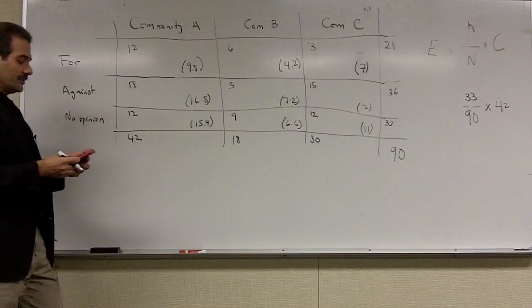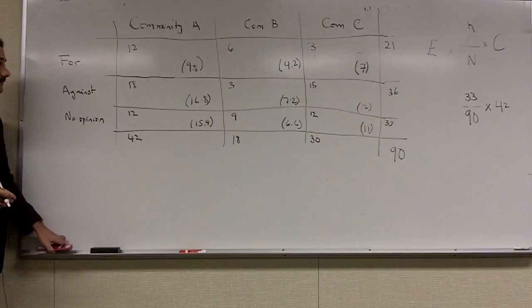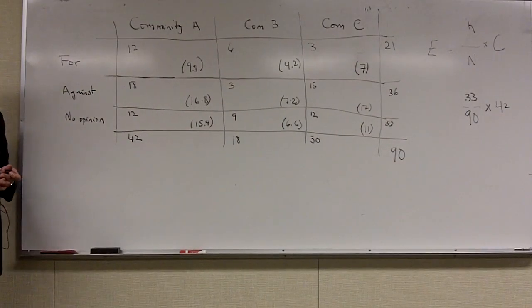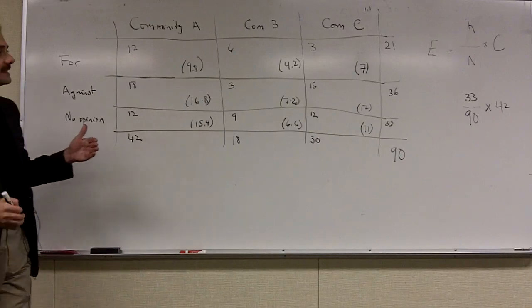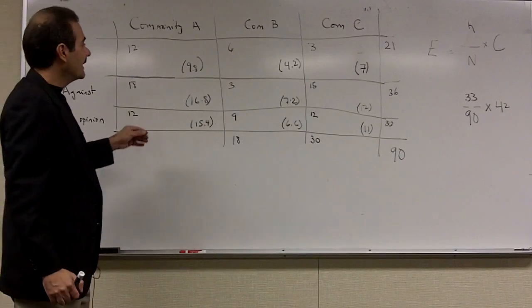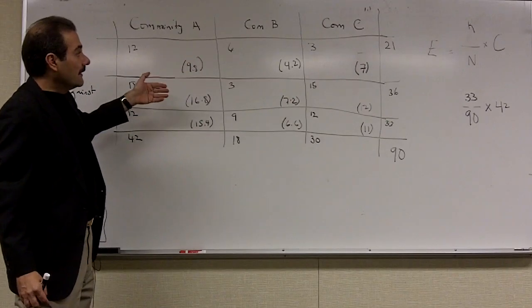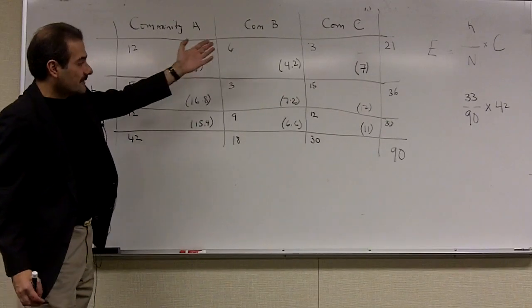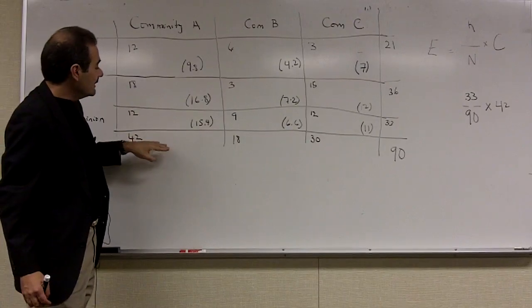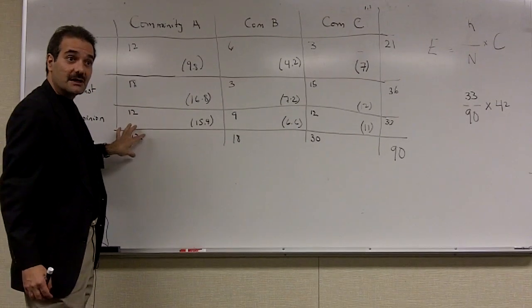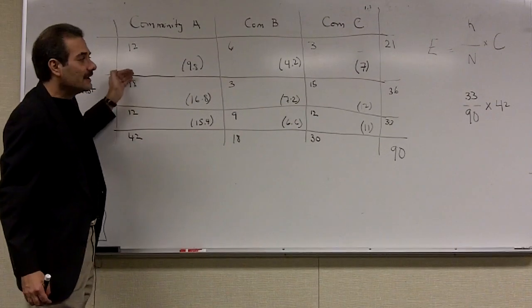Okay, let me make sure that everybody got all of that. It's a formula in which you are trying to calculate the expected value based on what you see in the column, the total of the column, in relation to the total in your row.